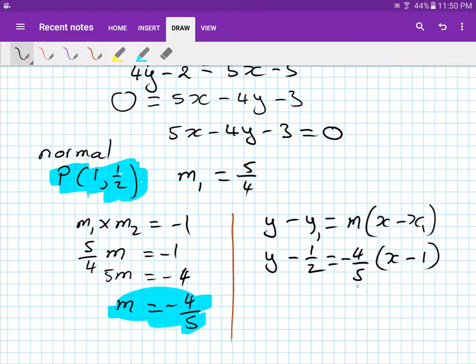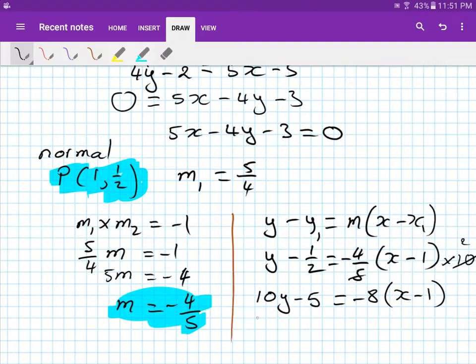Now the common multiple of 5 and 2 is 10, the lowest common multiple. So I times everything by 10 to get rid of fractions, and it looks nicer as well. So 10y, a half times 10 is 5, so minus 5, and 10 times 4 over 5 gives me 8, so minus 8 times x minus 1.